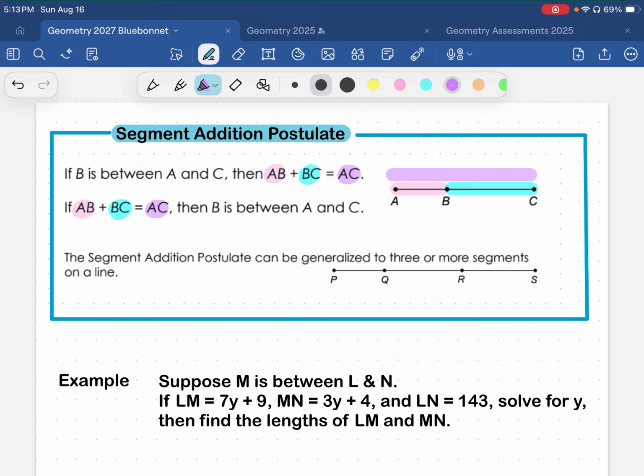We can go ahead and use our segment addition postulate for a longer segment.